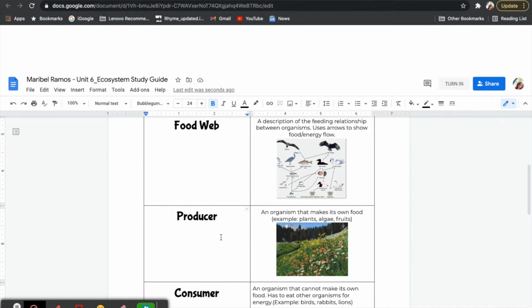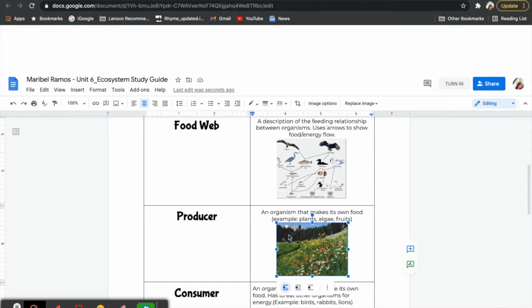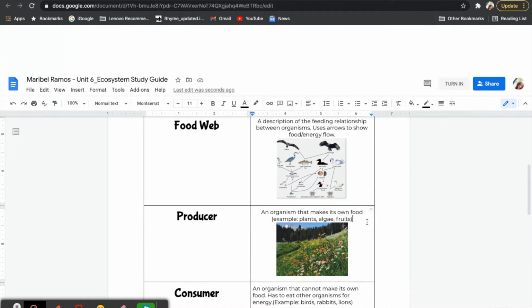Producers like fruits, plants, flowers, trees, algae are able to make their own food using light energy from the sun, and through the process of photosynthesis are able to convert that light into sugar to help them grow. Producers do not need to eat or consume other animals. They produce or make their own food.